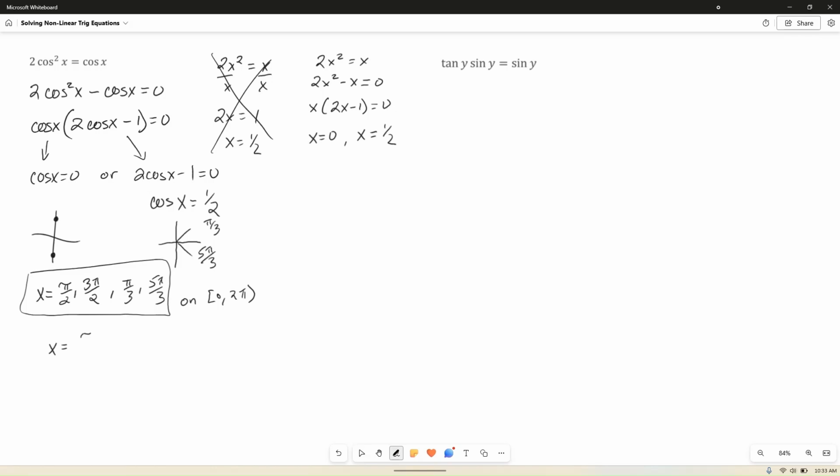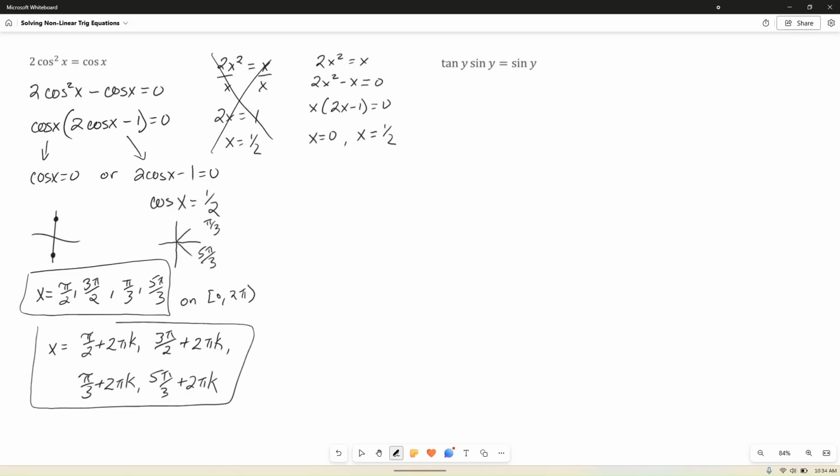So x will be pi over 2 plus 2 pi k, 3 pi over 2 plus 2 pi k, pi over 3 plus 2 pi k, or 5 pi over 3 plus 2 pi k. All right, so that would be the solution representing all possible solutions as we rotate around and around forever.